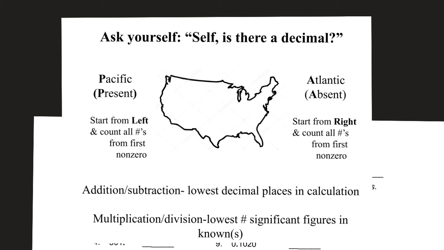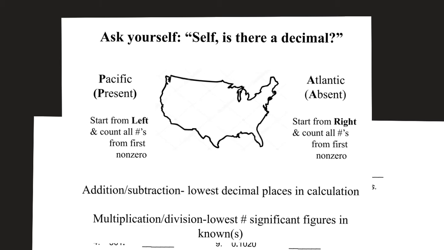Let me go ahead and delete some of this, and we'll try another number here. Next number we'll do is 0.1020. So the first question I ask is, is there a decimal? Well, there is a decimal. It's right there. So if the decimal is present, I'm going to start on the Pacific side, which means I start from the left.